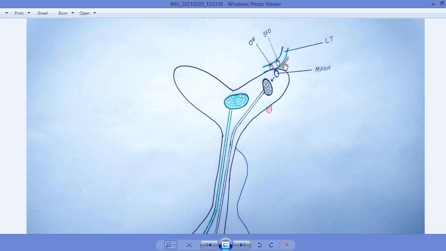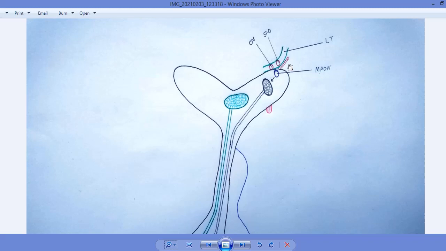As the blood brain barrier is broken in this area, the capillaries can allow the blood to come in contact with these collections of cells. So when these cells come in contact with blood that has a low amount of water and a high amount of solute, it means that the blood is hyperosmolar.